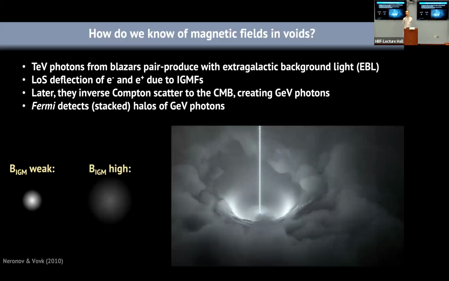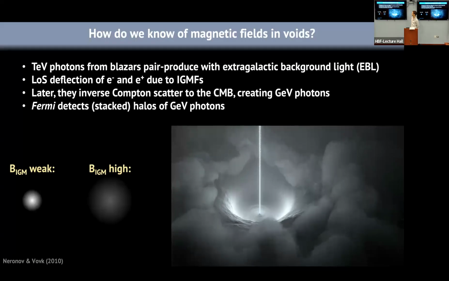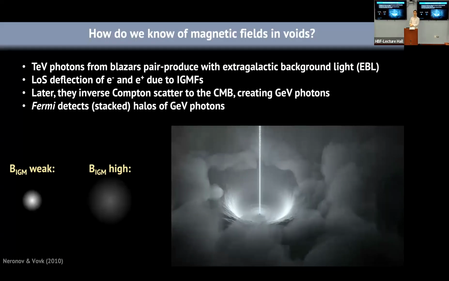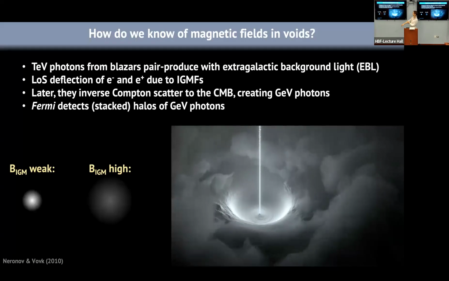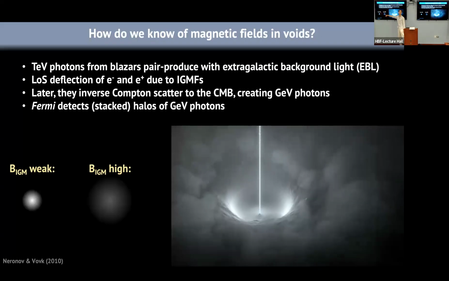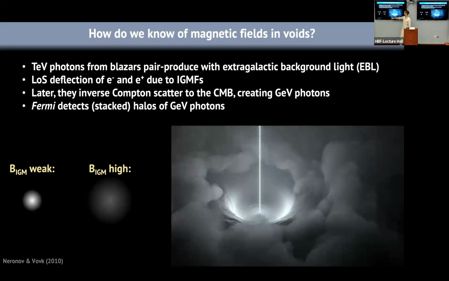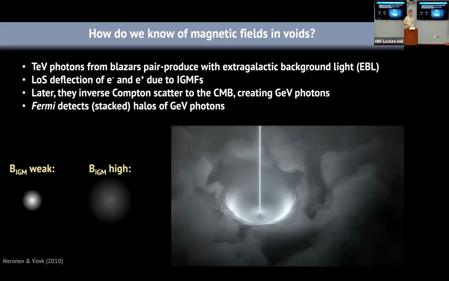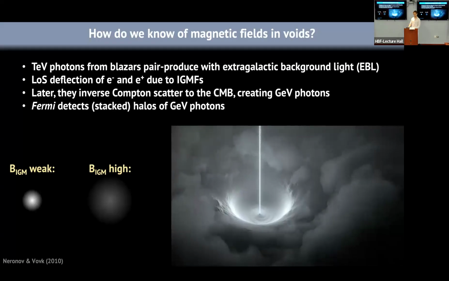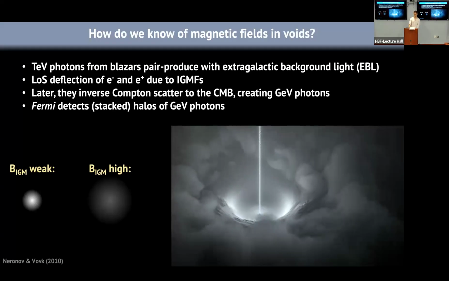But if the field is strong, then the photons are much more scattered. So what people thought of is that you could use a non-detection of those halos around the blazars to get a lower bound for the strength of the magnetic field in voids.